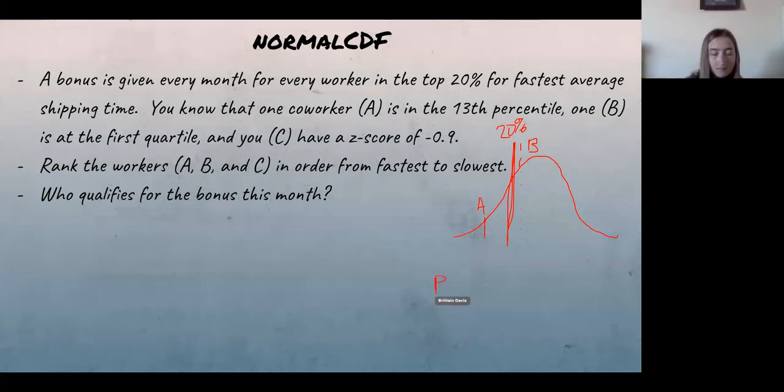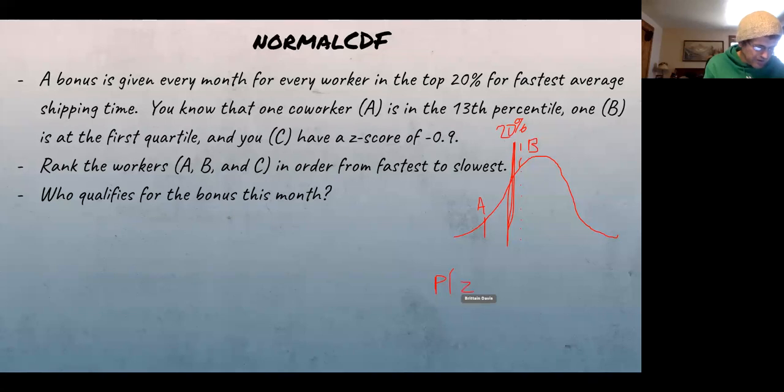Perfect. So the probability of having a z-score of less than or equal to negative 0.9 is going to be 0.184.